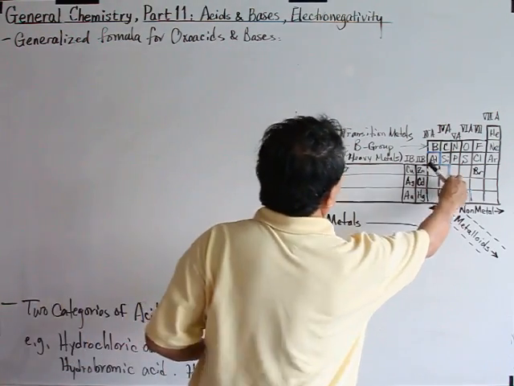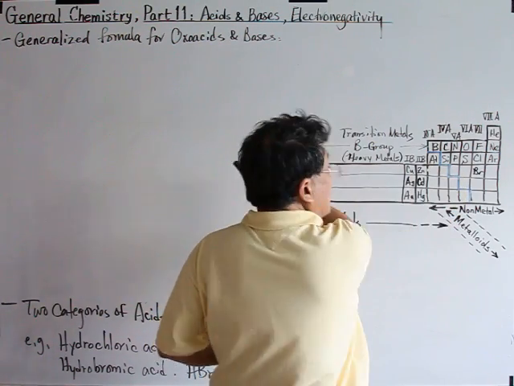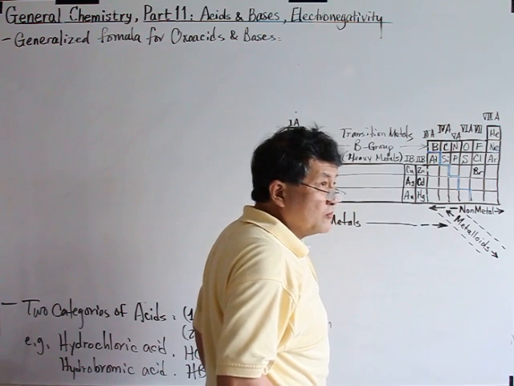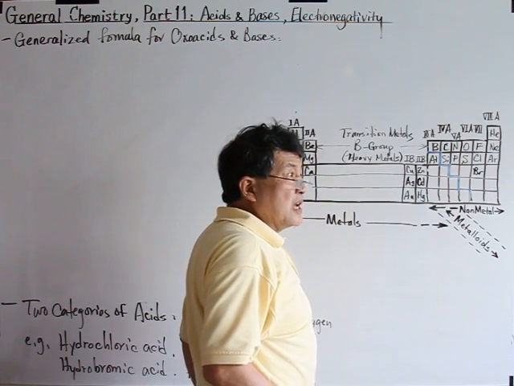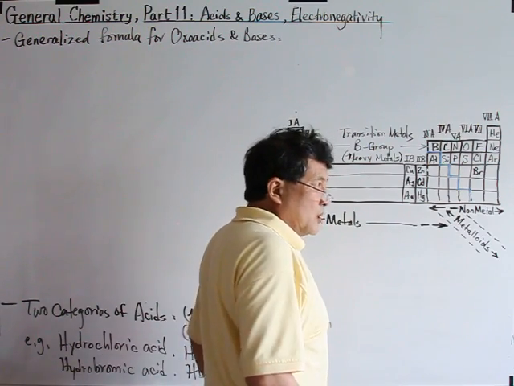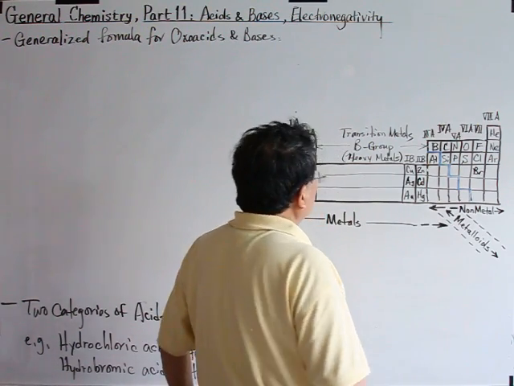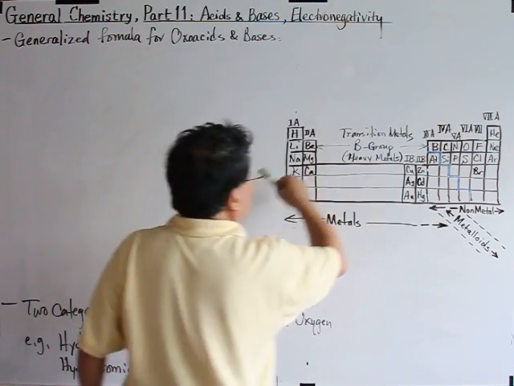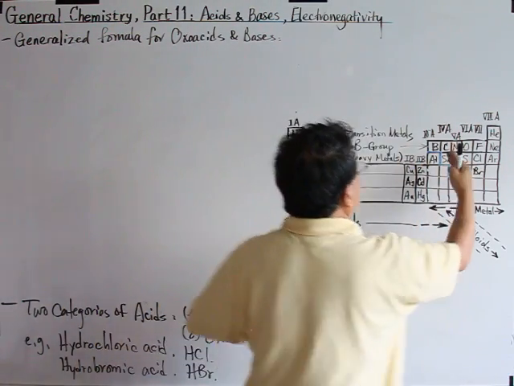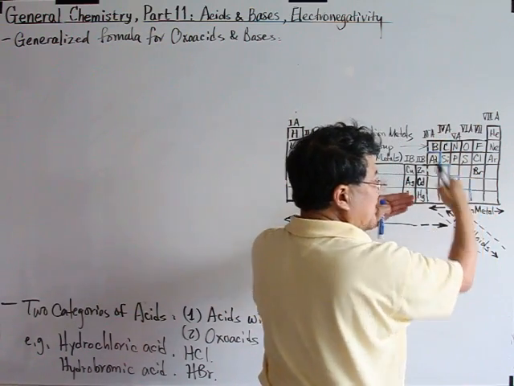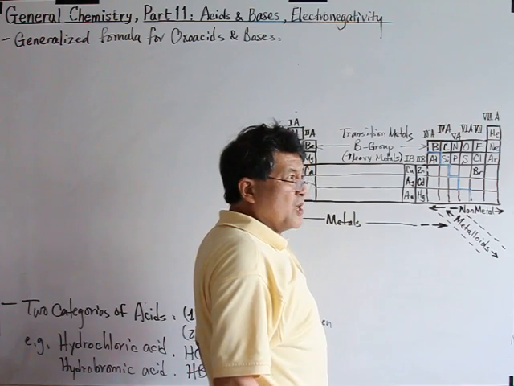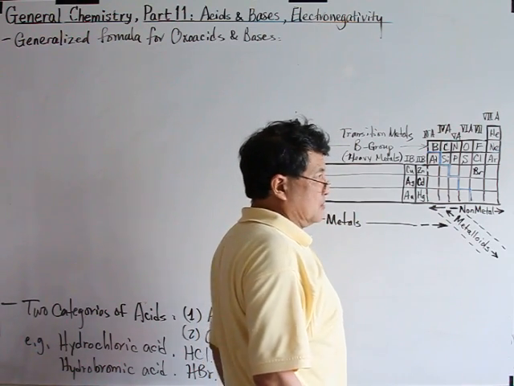But from this region on the left, they are always metals. They always form positive charged cations by losing electrons, 1, 2, 3, maybe up to 7, right? They are considered electropositive elements in this metal region. And past the zigzag line for the semi-metal, we get into the non-metal region, which we consider as electronegative elements, right?